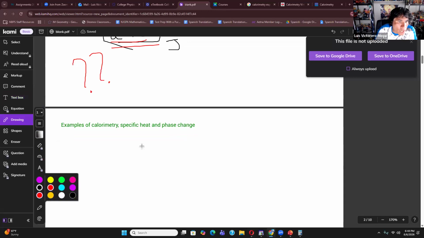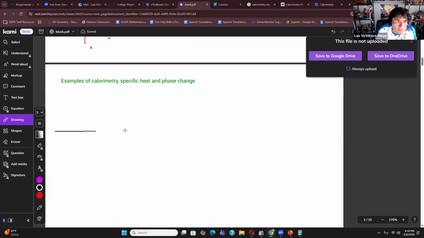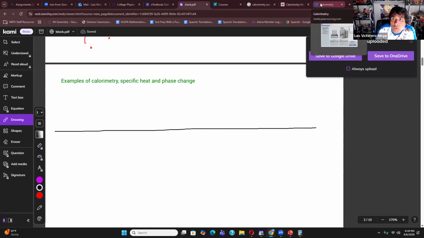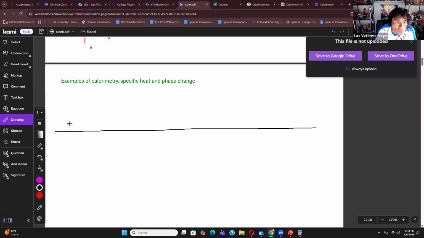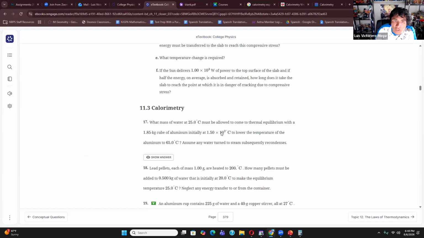So you are going to draw a number line, a line. And then you are going to locate water at 25 degrees Celsius. So water, you know how much, so you know the mass. And it's going to be mixed with 1.85 kilograms of aluminum at 150 degrees Celsius.